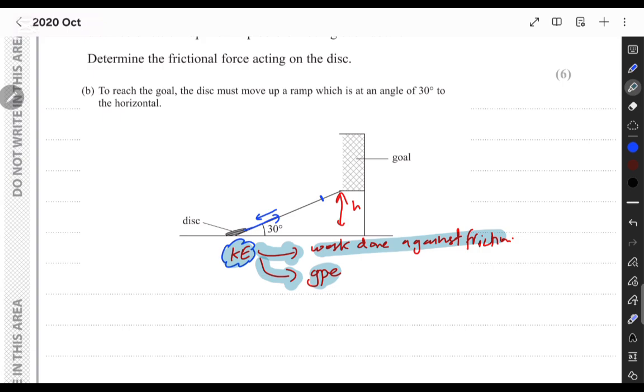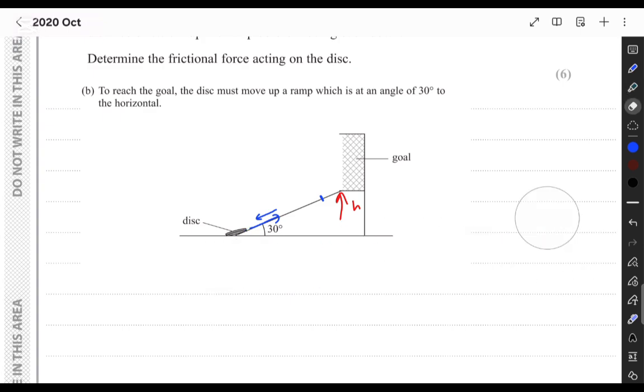That's when your kinetic energy is zero. All of it has been converted into these two things. That's when your KE is zero and your velocity is also going to be zero. After that, you'll reach a point where the disk will start to move down, when all the KE has been lost. So now let's look at something.